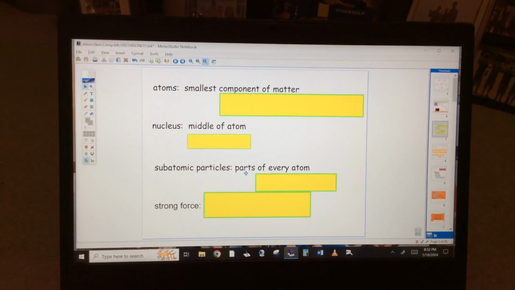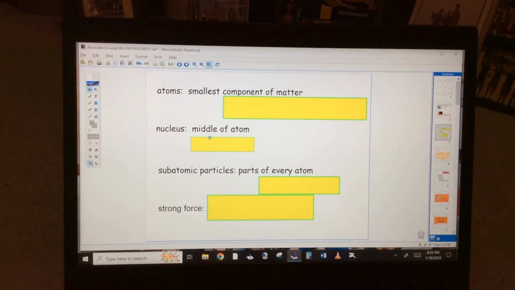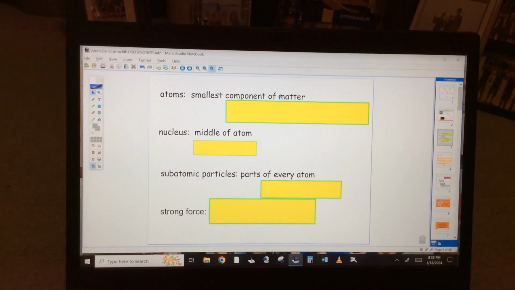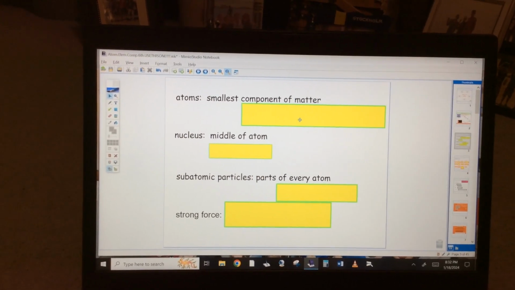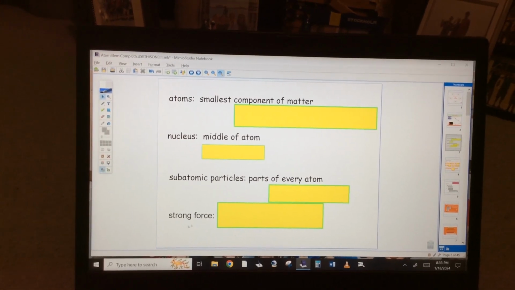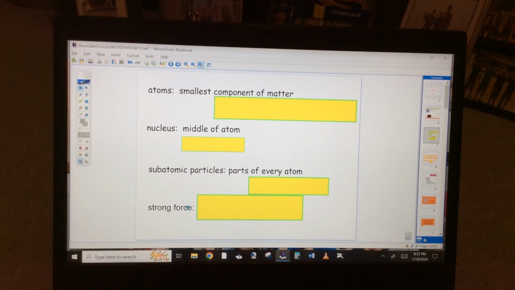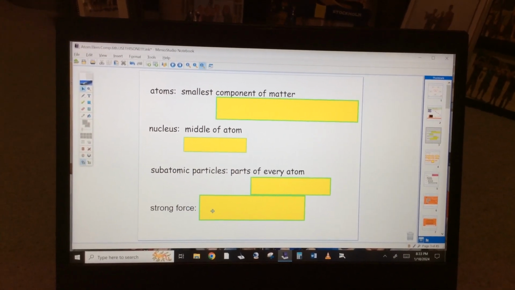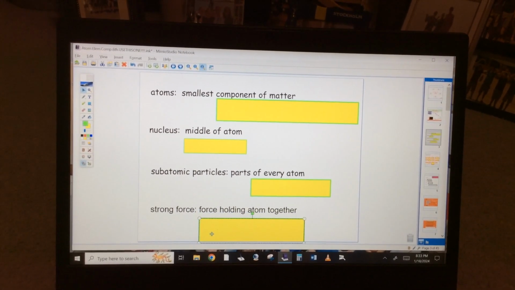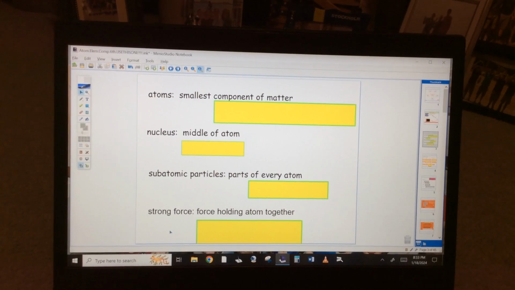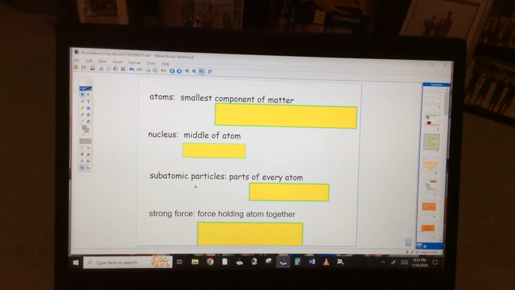So subatomic particles are the parts of the atom, the things that make up matter. We're also going to introduce you to something called the strong force. That's the name of it. It's a natural force, and it is the force that holds every atom's subatomic particles together.